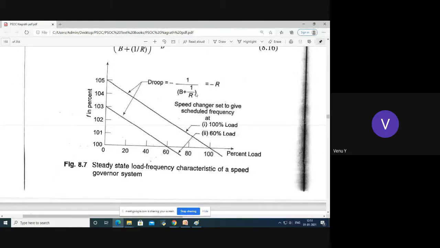Actual R adjustment is possible with the speed governing system, such that this line can be adjusted. This is the steady state response of a single area system.